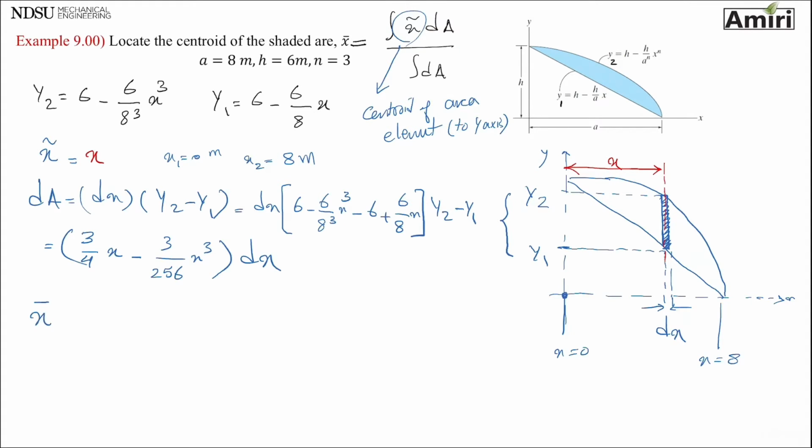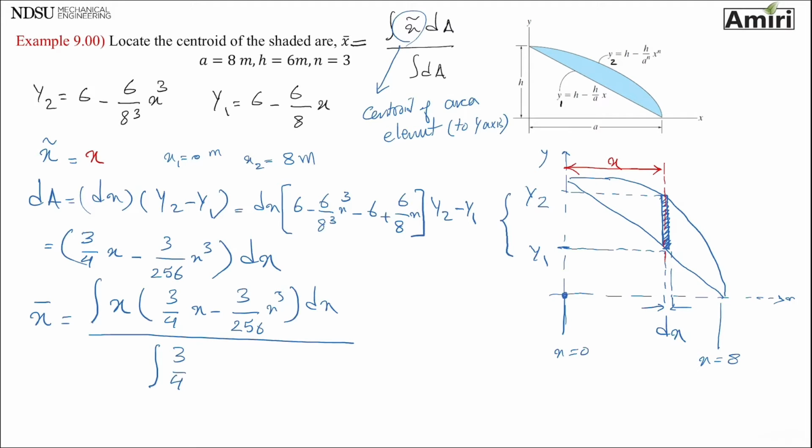X bar is going to be the integral of x times dA, 3 over 4 x minus 3 over 256 x^3 dx, over the integral of 3 over 4 x minus 3 over 256 x^3 dx.